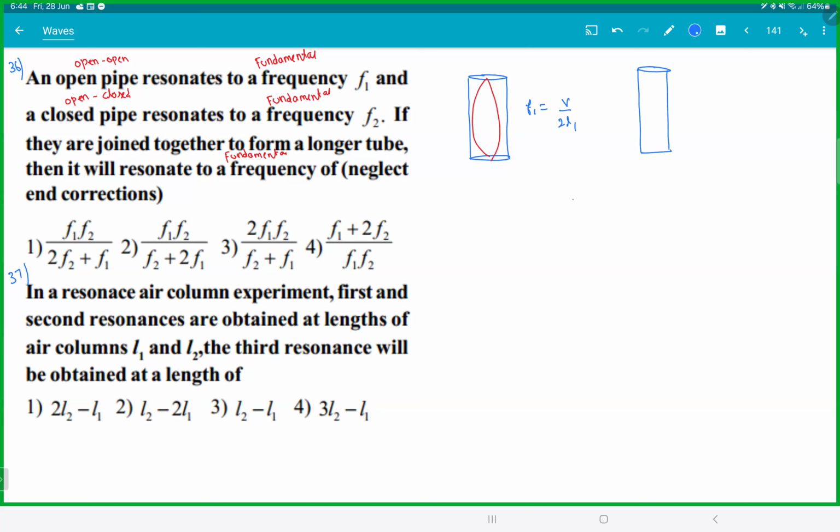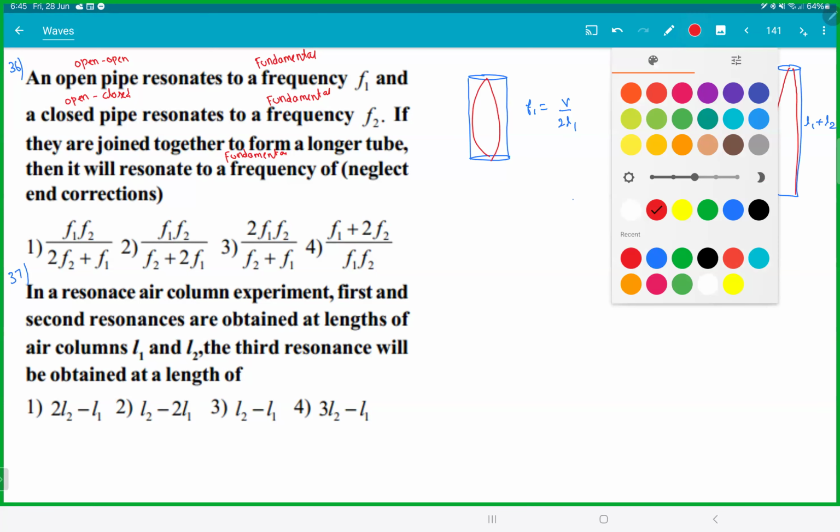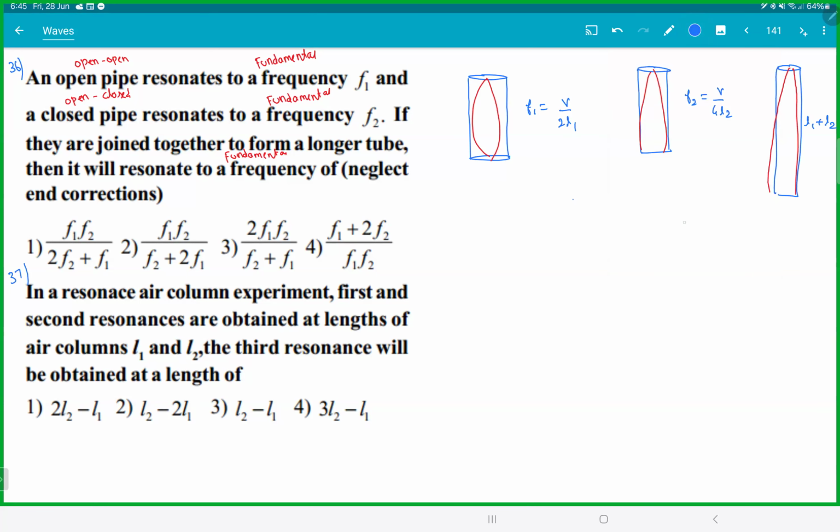Now when I combine these two, you created a pipe of length L1 plus L2. This also is fundamental, so you'll get only one loop here. So this frequency F will be V by 4(L1 plus L2). So get L1 from here, V by 2F1. Get L2 from here, V by 4F2, and substitute here.